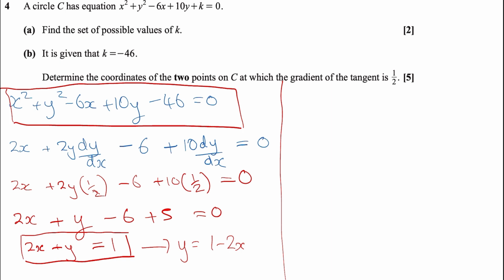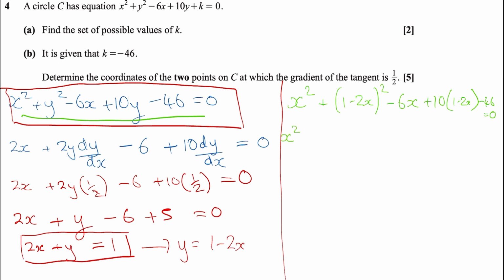And now I'm going to substitute that into my original equation. So x squared plus 1 minus 2x squared minus 6x plus 10 lots of 1 minus 2x minus 46 equals 0. Just about got enough room there.